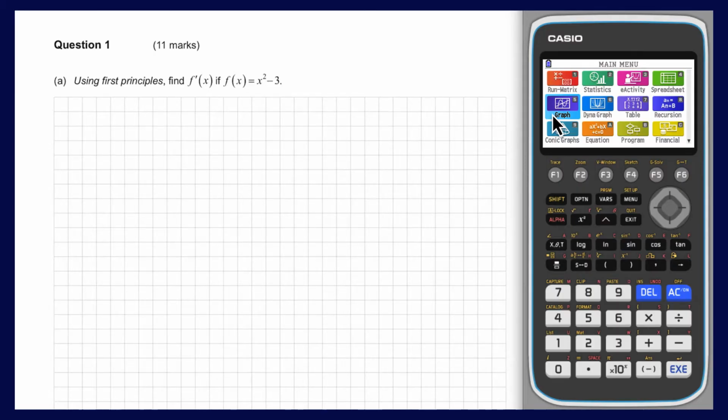First up, we'll start by substituting f of x into the first principles formulation. Next, I'm going to expand and collect like terms.